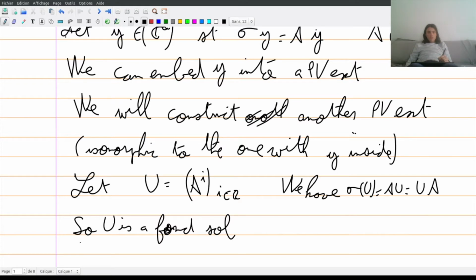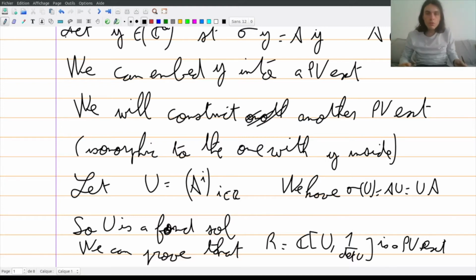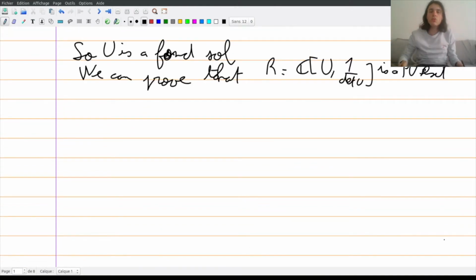And moreover, we can prove that it generates a Picard extension. So in other words, we don't need to quotient by a maximal sigma ideal.